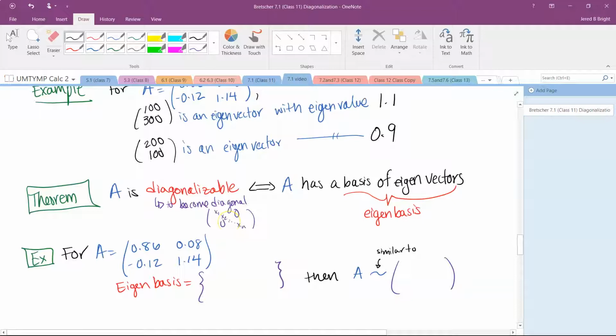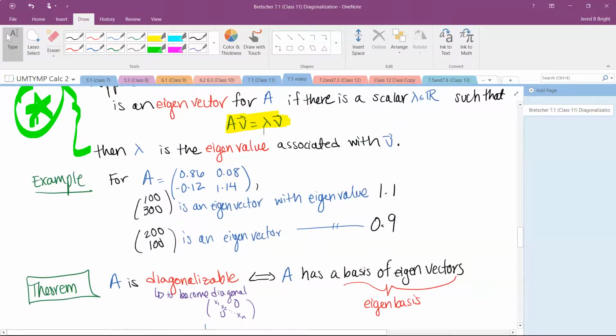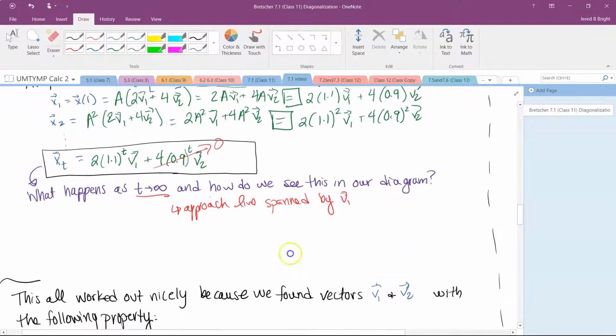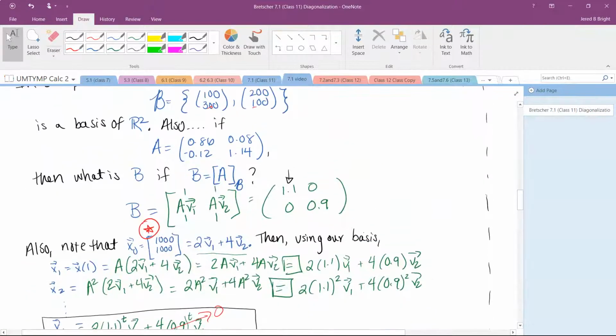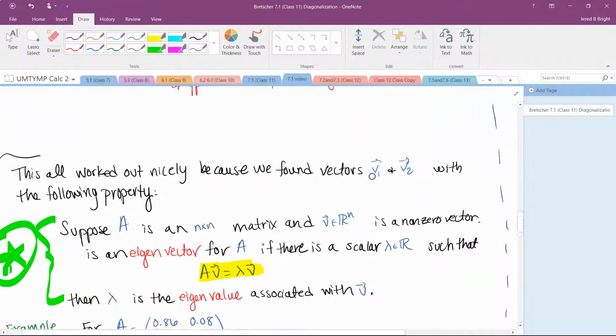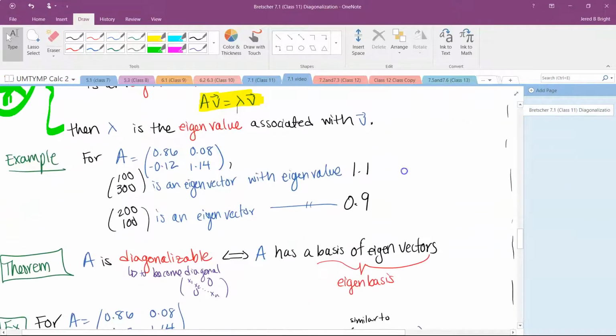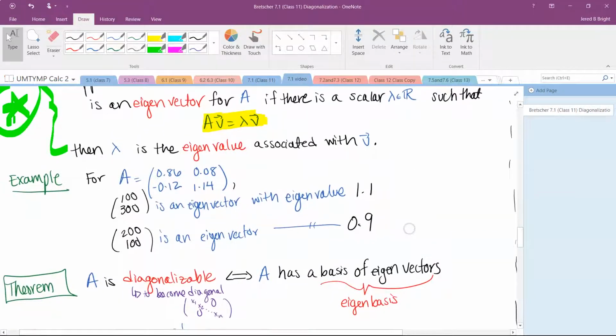In fact, we might even conjecture that if we looked back at this A matrix, we saw that 1.1 and 0.9 were our eigenvalues, right? And those happen to lie along the diagonal, and our off diagonal was 0. Maybe we'll see that.